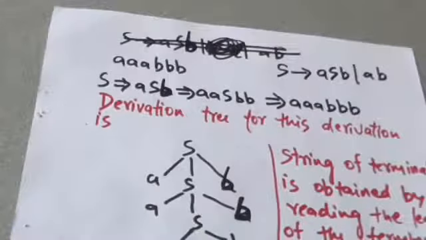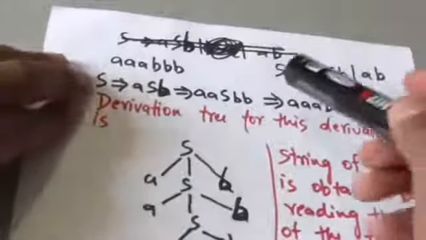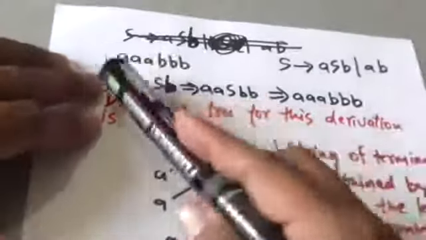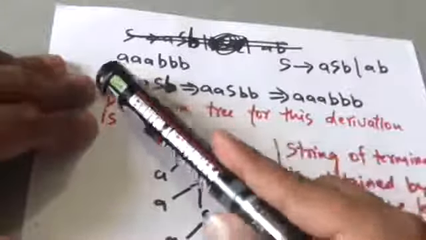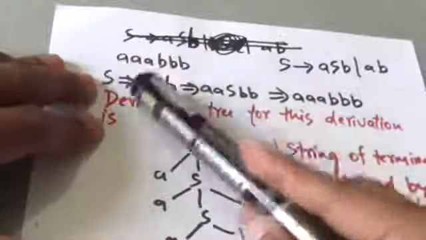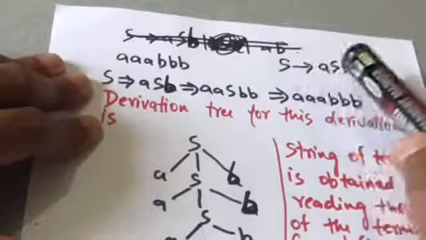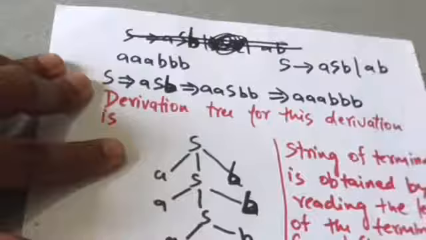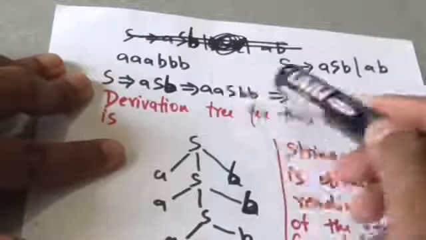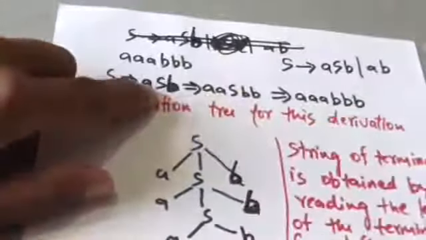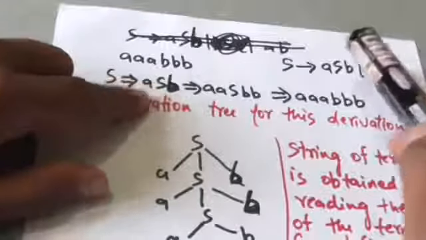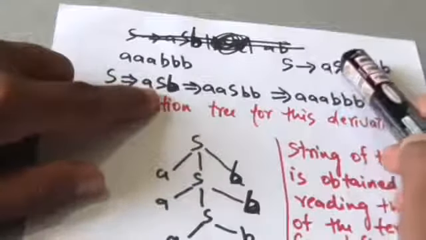First, what we have done, we have replaced S by aSb. It means we have used this production rule: S derives aSb. Then again we have replaced this S by aSb.